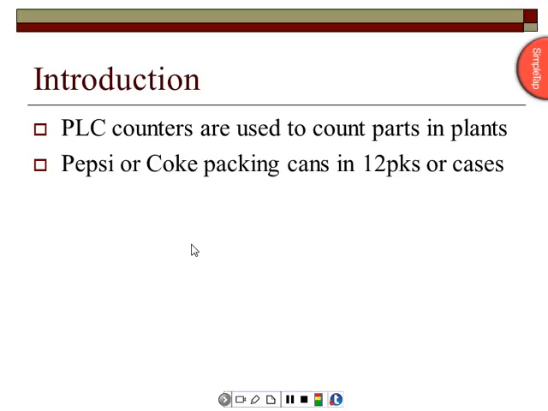Normally what we do with a counter is we have a sensor of some type. It's usually not a manual count. So we might have a proximity switch that every time one of those cans go past there, it trips the prox.